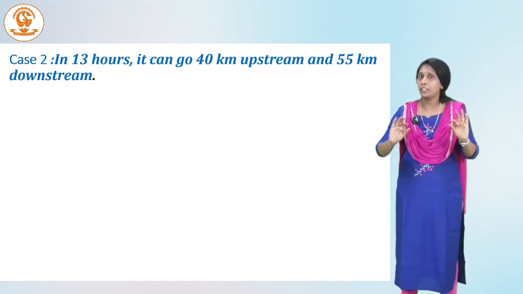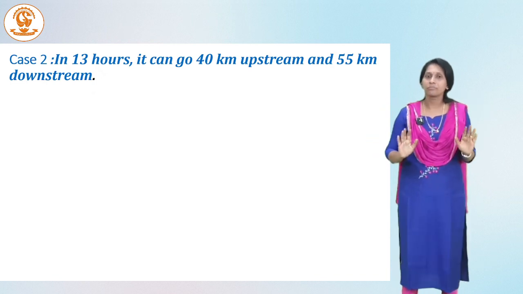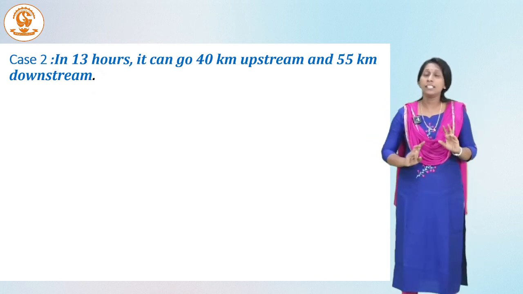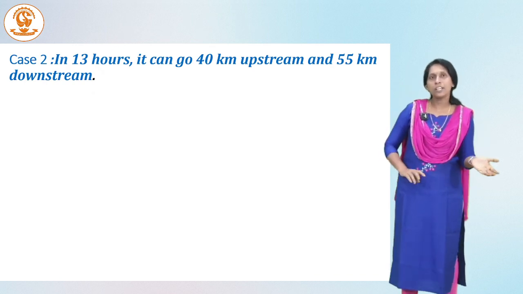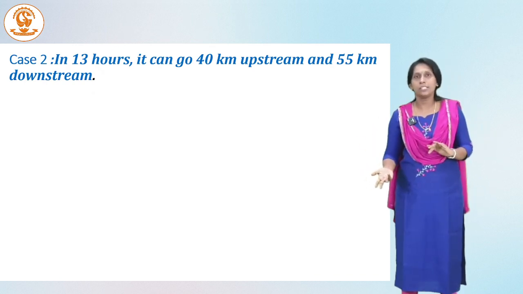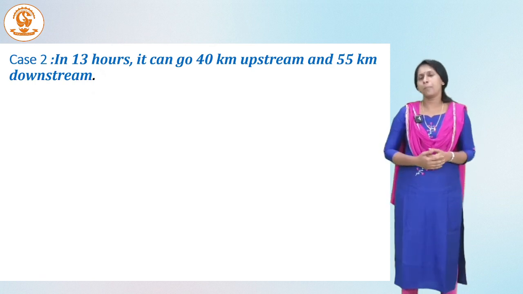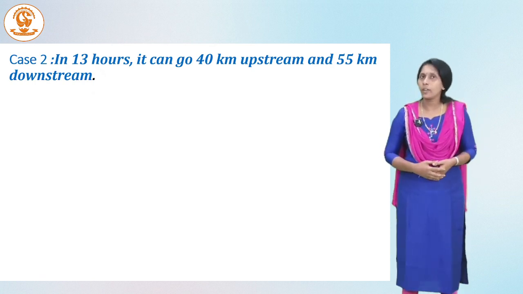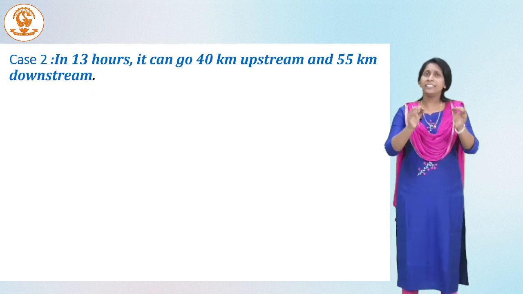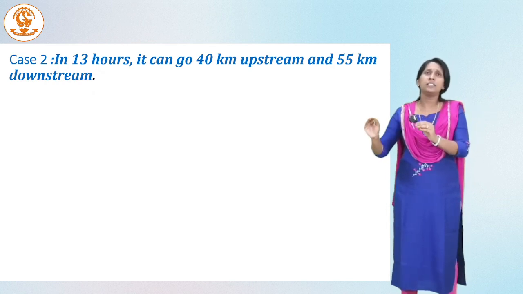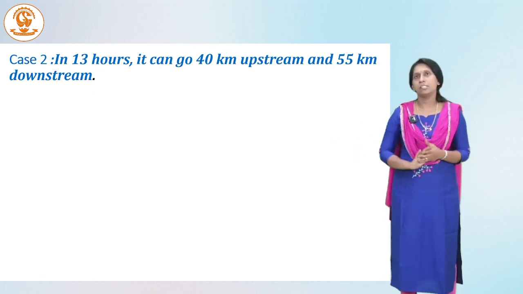It is given as 13 hours. Now you split this journey into two journeys, one upstream and the other downstream, and find the two timings separately as we have done earlier. So you can write the total time of the journey is equal to 13 hours.